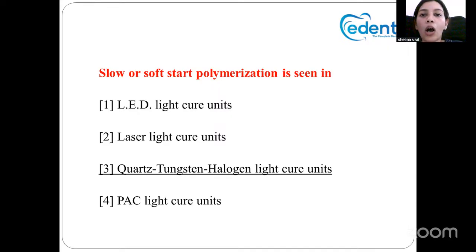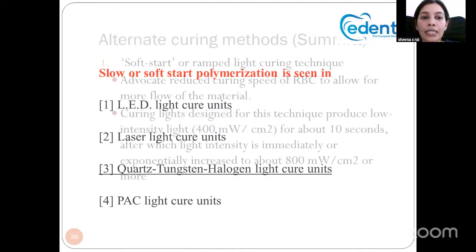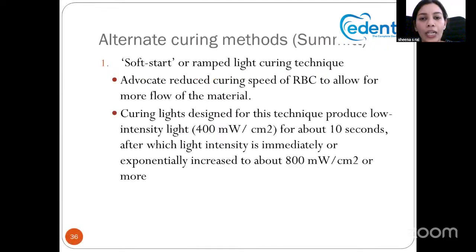Normally we give the light cure for a set number of seconds, but there is a chance of a large amount of polymerization shrinkage. So one of the newer methods is slow start polymerization. What is it? It uses a curing lamp with a lower intensity initially, and we slowly increase the intensity of the light.